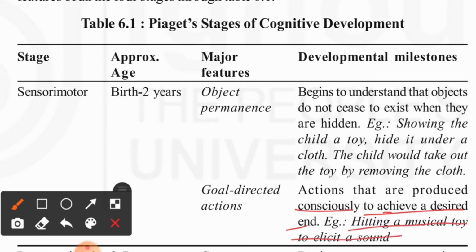A child knows that when I bang a desk, it will produce some music, or maybe a plate or a musical toy. The child knows if I press this button, the sound will go. So that kind of sense starts developing at this stage as per Piaget.